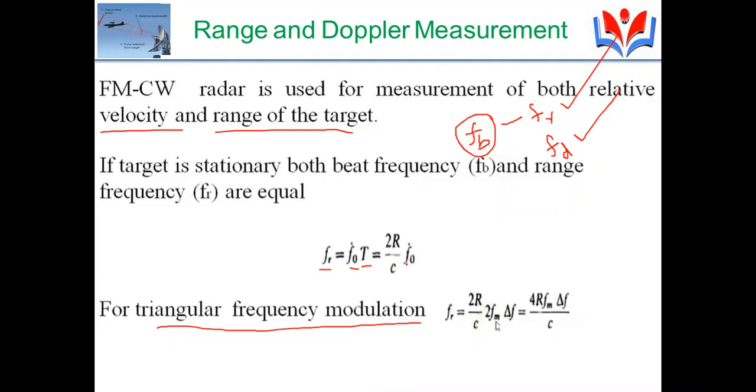F naught dash is given as 2 FM into delta F. If you multiply it, what happens? 4 into R into FM into delta F by C. That is nothing but the range frequency. Range frequency will give us the information about at what range the particular object is located.